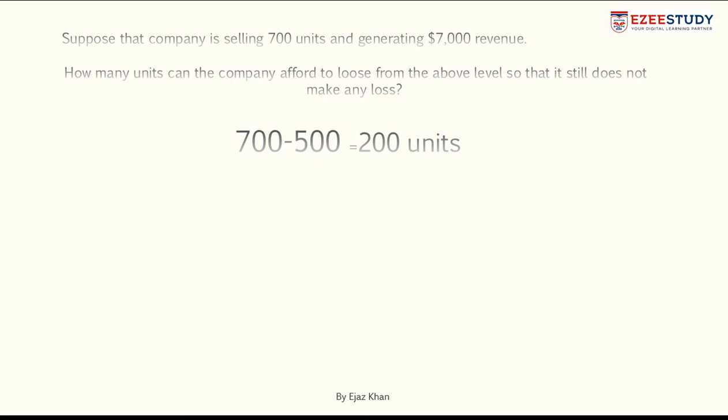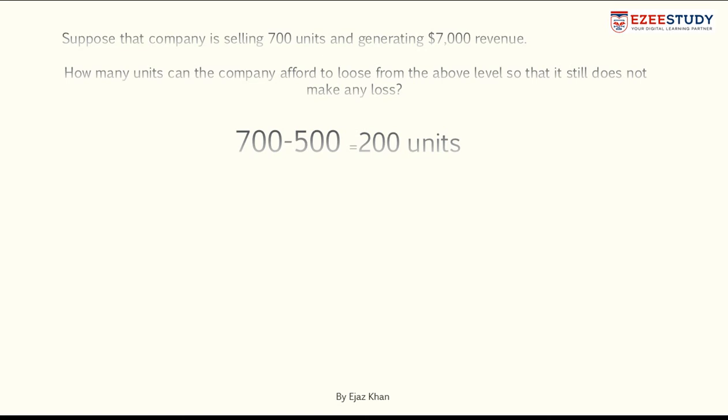So from a level of 700 units it can go down to 500 units, that is a reduction of 200 units. So if the company's sales level falls by 200 units, it will still be at no profit and no loss state.